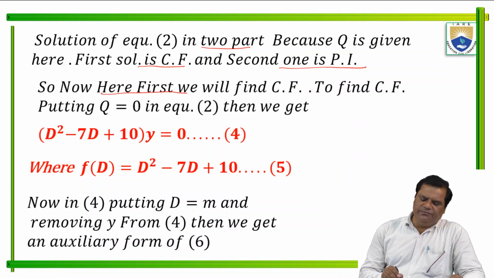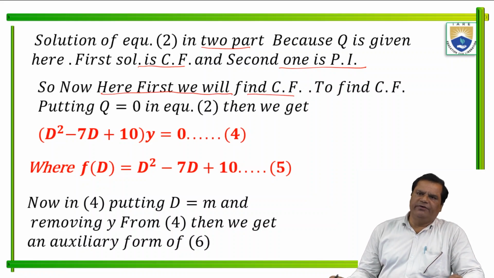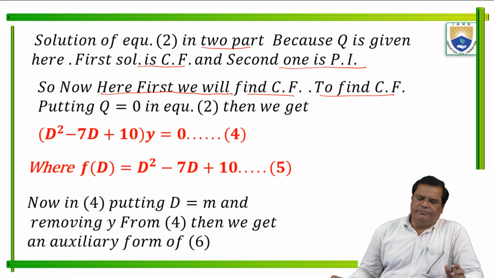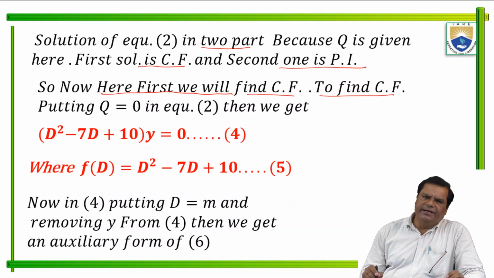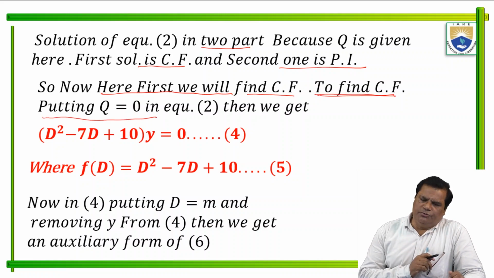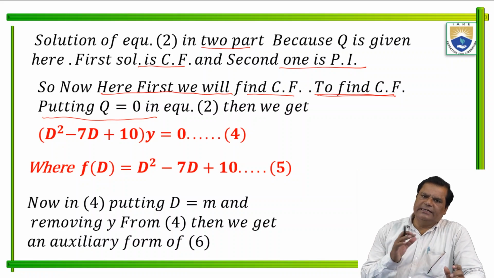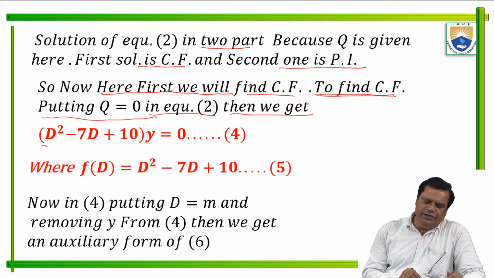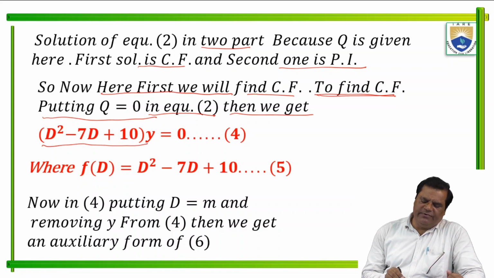So first we will find the CF of the given question. We have discussed in the last videos how to find the complementary function. To find the complementary function, put Q equal to 0. First of all, the right hand side must be 0, then we can find the CF. So putting Q equal to 0 in equation 2, we get D square minus 7D plus 10, times y, equals 0.